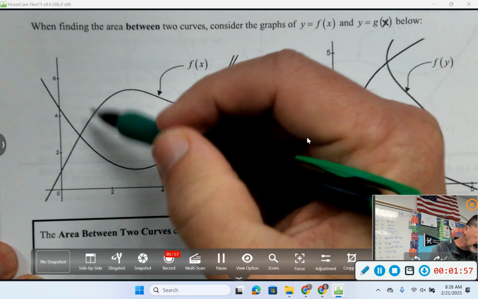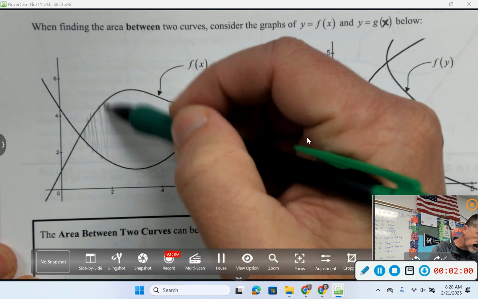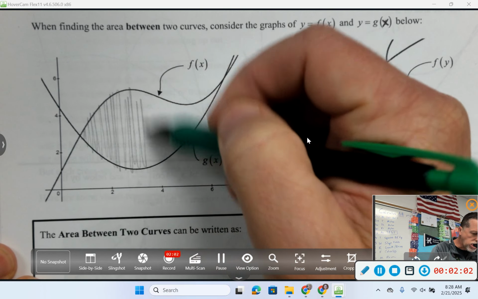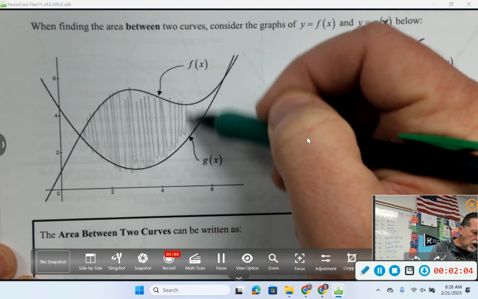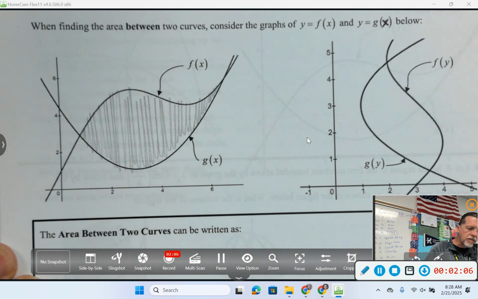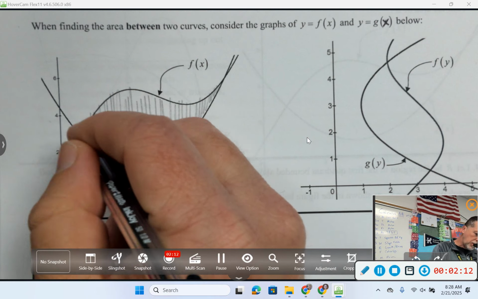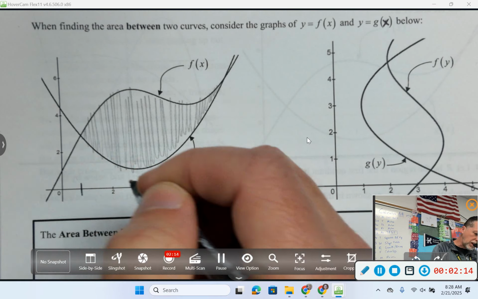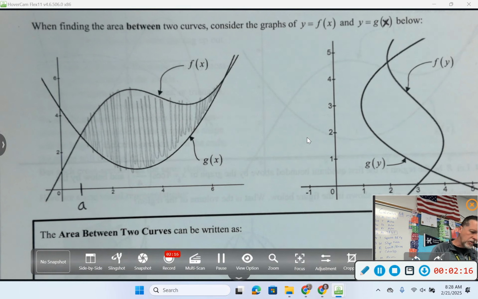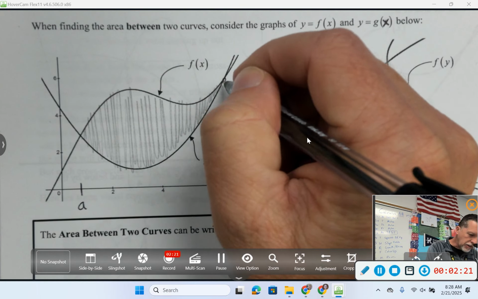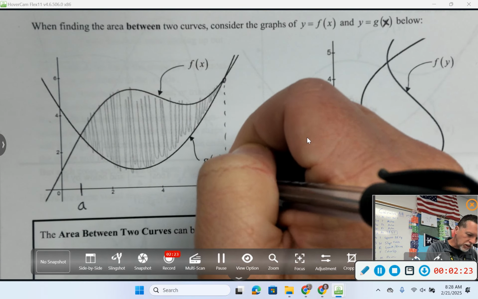Make sure we know what we're talking about here. So there's the area we're talking about. It's going to have some similarities to what we just did. I don't know where that intersection is, so I'll just call it A. And I don't know where this intersection is, so we'll just call that one B.